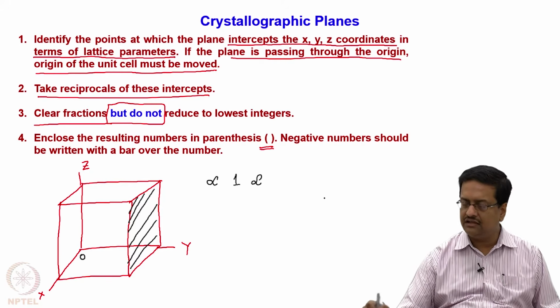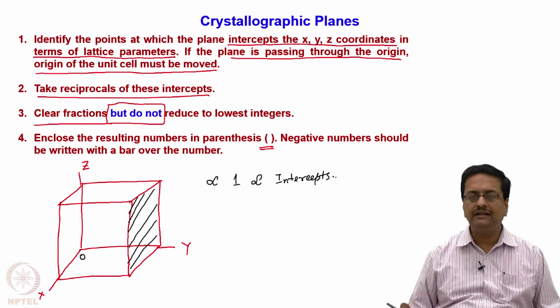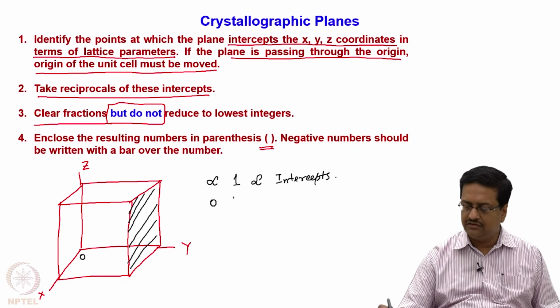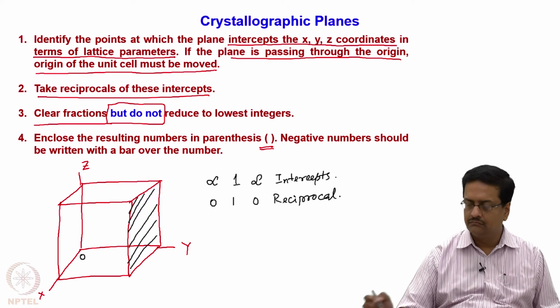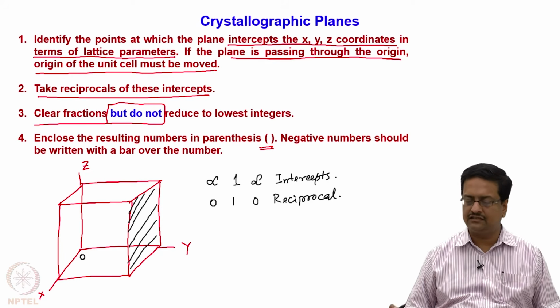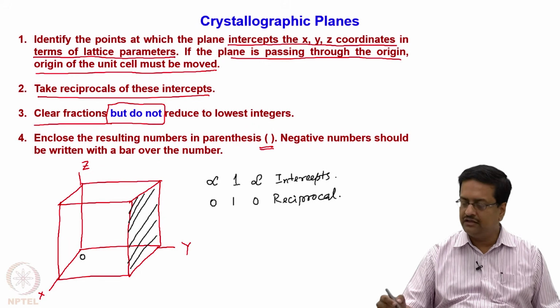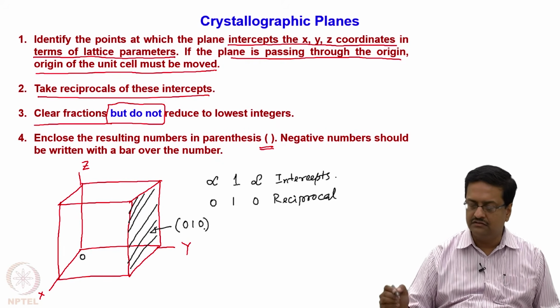So these are the intercepts. If I take the reciprocal of these intercepts, I end up getting 0, 1, 0. There is no fraction to be cleared, there is nothing to be reduced. So the Miller indices for that plane is (0 1 0).